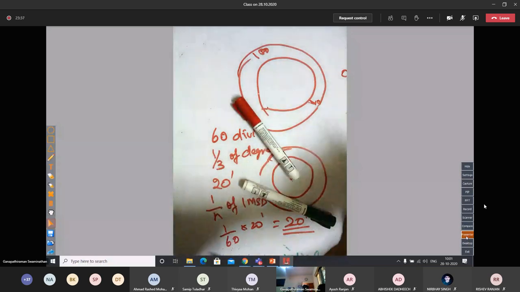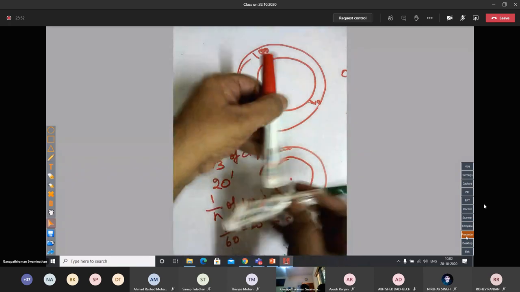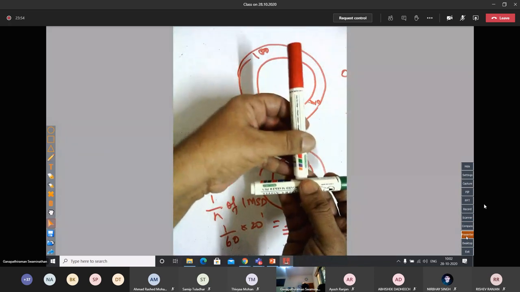Perfectly horizontal means the value will be 0, 0, 0.